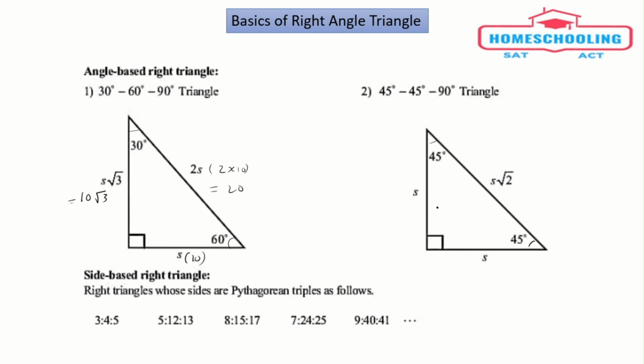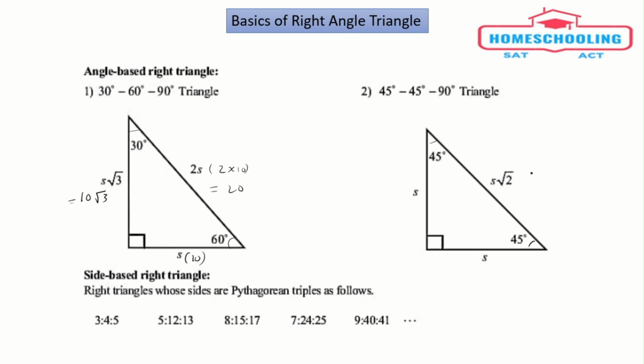Similarly, if a right triangle is there and one angle is 90 degree and the two angles are 45 degree, the sides opposite to the 45 degree angles would be s and s. As you can see, this is 45 degree, so the side opposite to this angle would be s, and this is 45 degree, so the side opposite to this angle would also be s, and opposite to 90 degree would be s root 2.